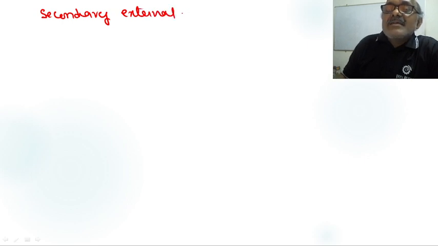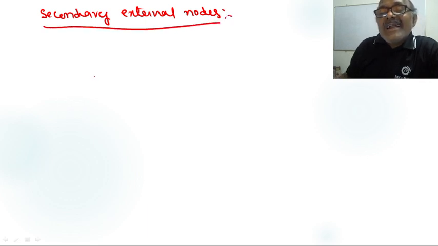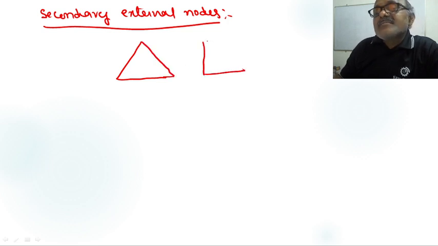Secondary external nodes, my dear students. I consider the same example. Now it is a triangular element, and it is a rectangular element.